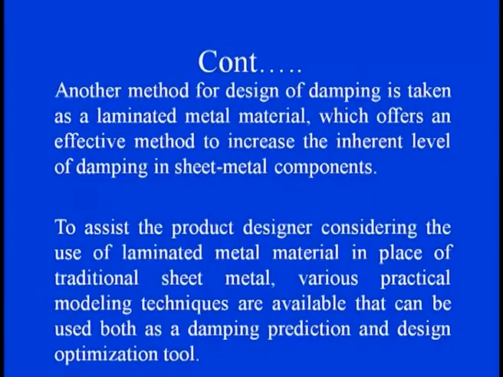And this laminated metal material offers an effective way to increase the inherent level of damping in a simple sheet metal for vibration transmission and generation. Sometimes they assist the product engineer with consideration of the laminated material in place of the traditional sheet, and then we need to check how we can optimize the damping with this, how we can go with these laminated features, and how we can make the entire composite part.